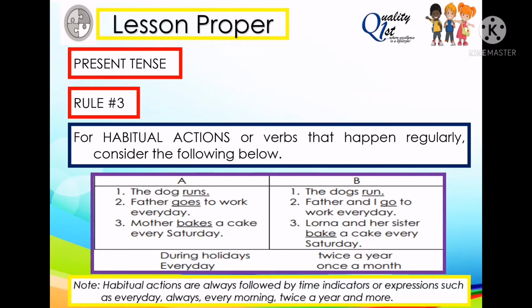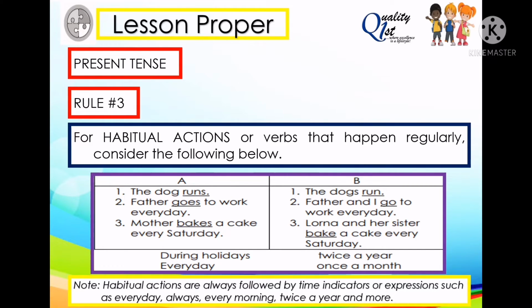Remember, habitual actions are always followed by time indicators or time expressions such as every day, always, every morning, twice a year, and more. Now, in this case, for column A, the time indicators or time expressions are during holidays and every day.